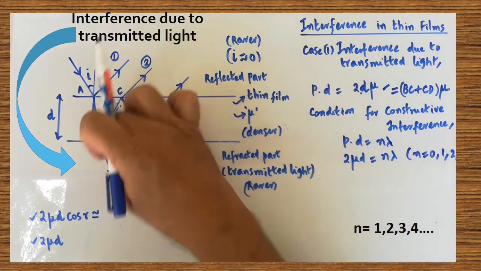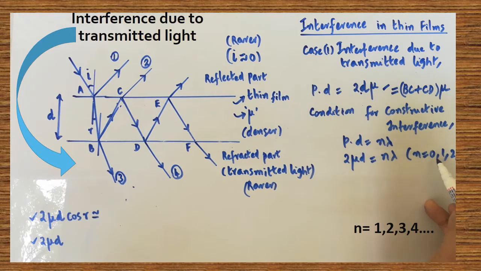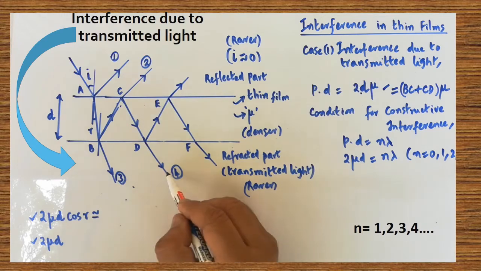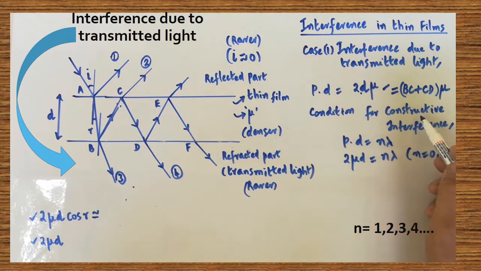So within this distance, exactly either 0 lambda, or 1 lambda, or 2 lambda, or 3 lambda must be present. If this much path difference exists between these two waves, which kind of fringes will be created? Bright fringes will be created. These bright fringes are due to constructive interference. Are you clear?